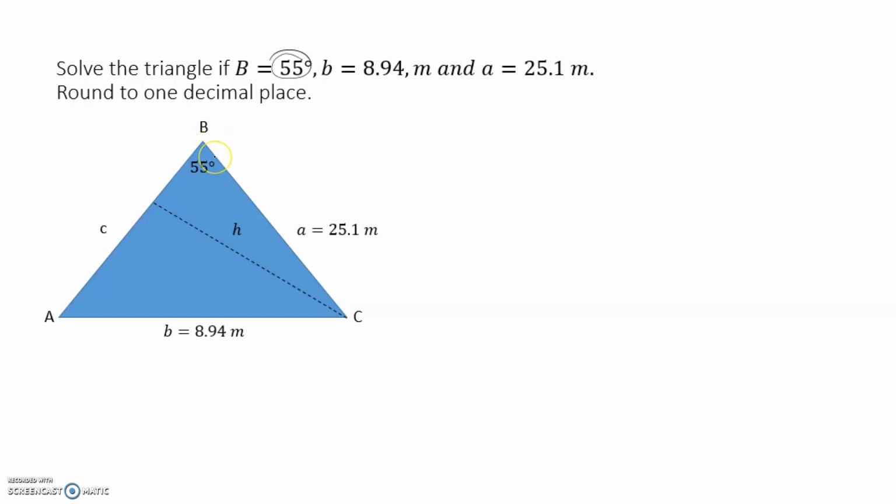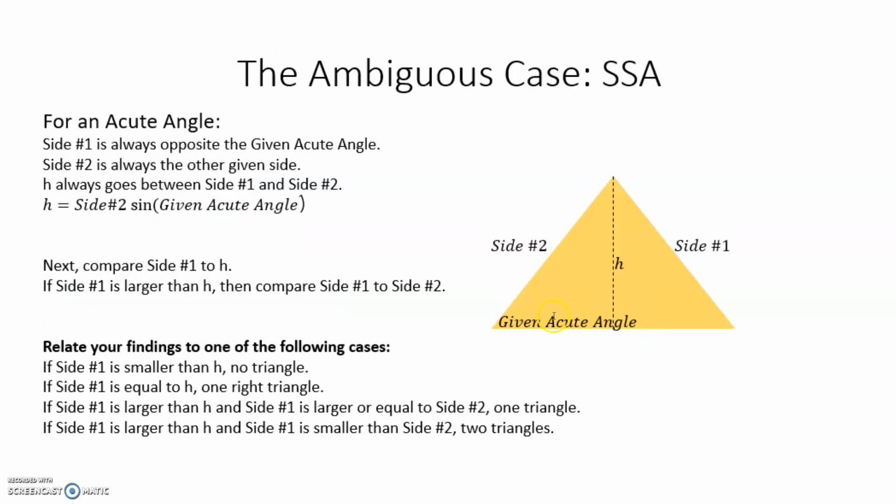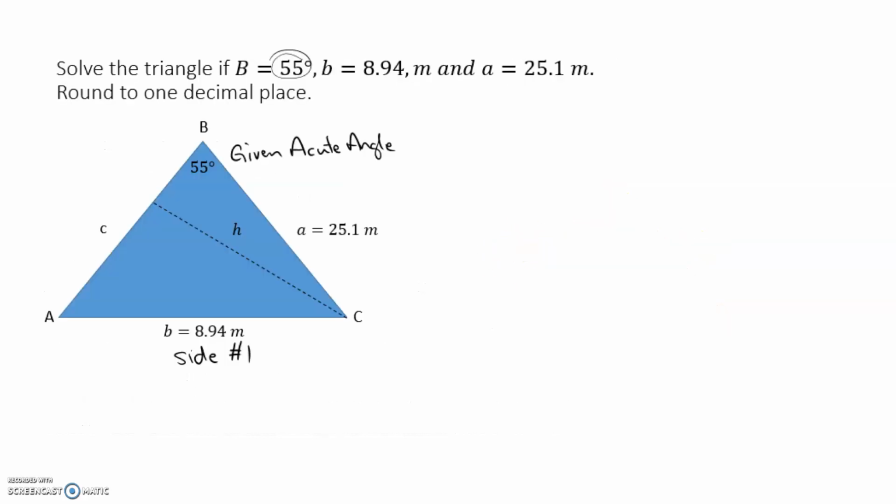Opposite the given acute angle, this is side number 1, just like we have right here. The other side is just side 2. So this is side number 2.